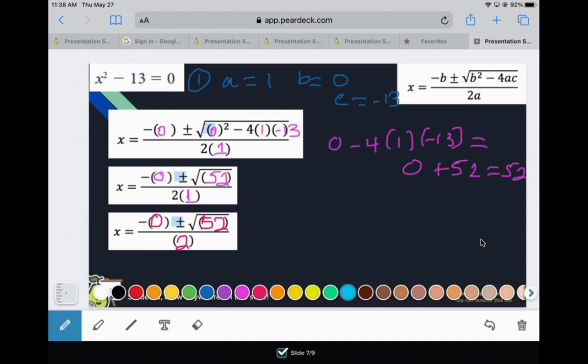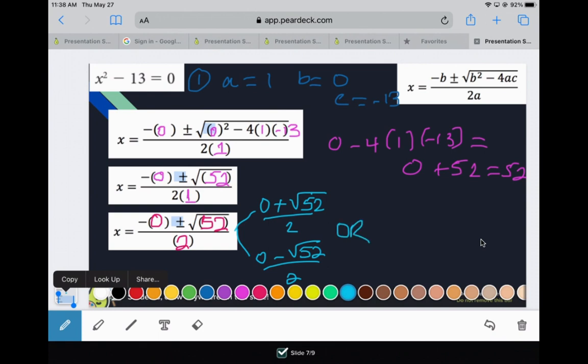Now for the 0, you can write it or you don't have to write it. Here's the option for how you can write this one. Square root of 52 would not give me a nice number, so I don't have to take the square root. I just leave it. So here's the option: 0 plus square root of 52 over 2, or 0 minus square root of 52 over 2. That's one way for you to write it.